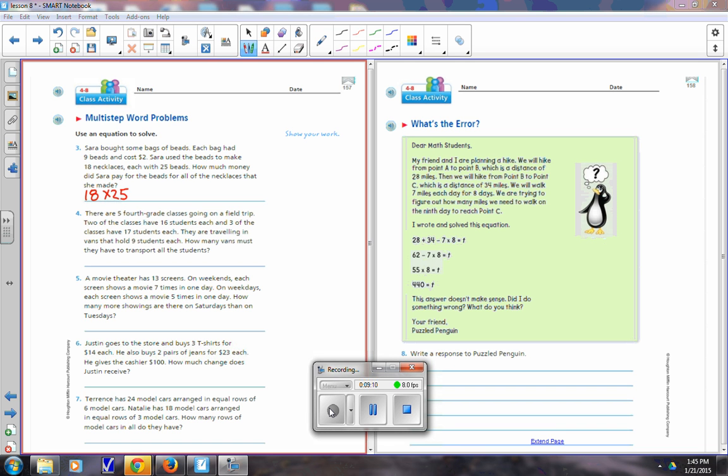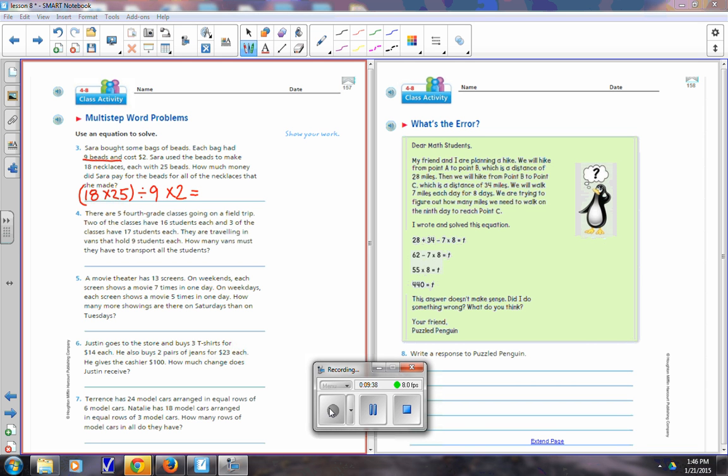Then we can divide that number by 9, and that will tell us how many bags. Then we'll multiply it by 2, and we will know how much money she paid for all of the beads on all of the necklaces.